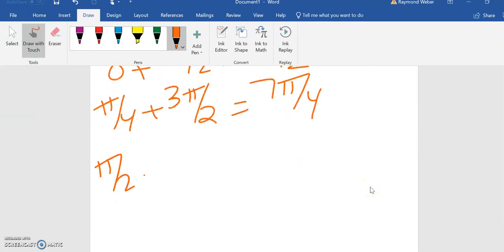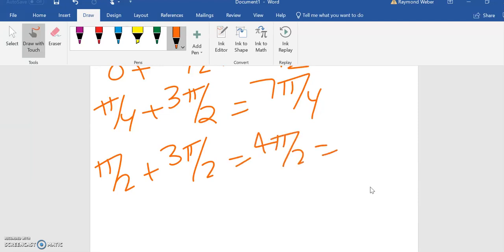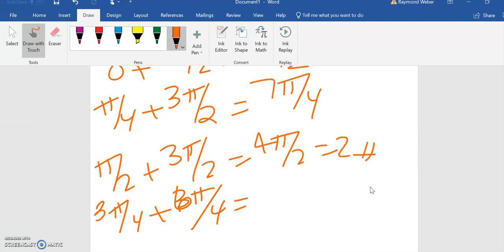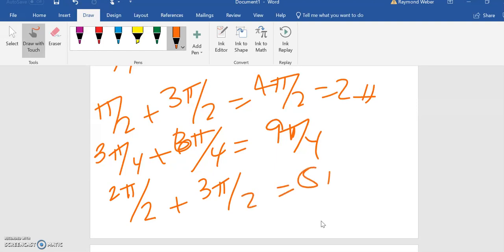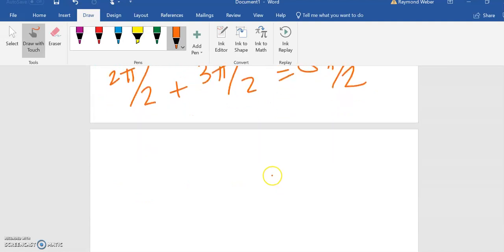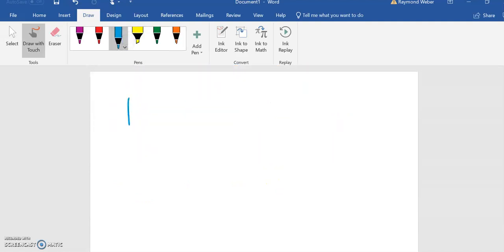And then I've got pi over 2 plus 3 pi over 2, which is 4 pi over 2, or 2 pi. Then I have 3 pi over 4 plus 3 pi over 2, which is really 6 pi over 4, so 9 pi over 4. And then finally pi, or 2 pi over 2 plus 3 pi over 2, which gives me 5 pi over 2.